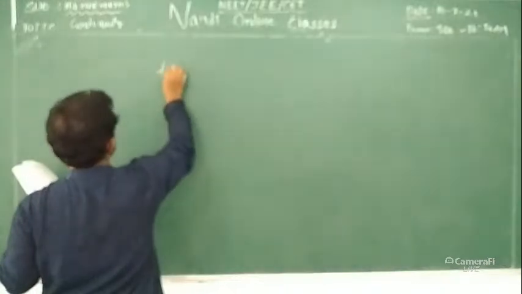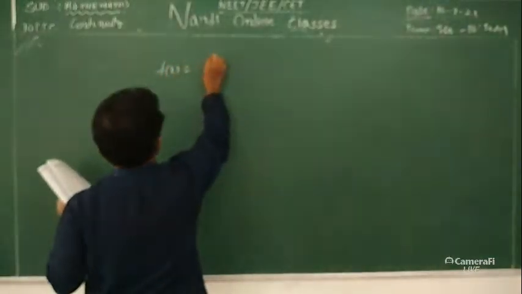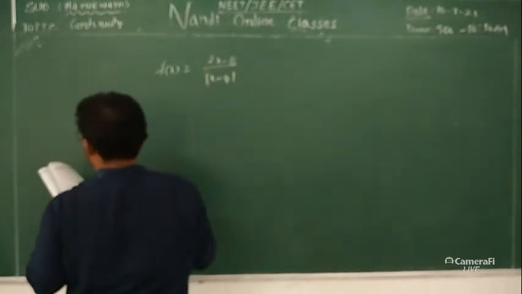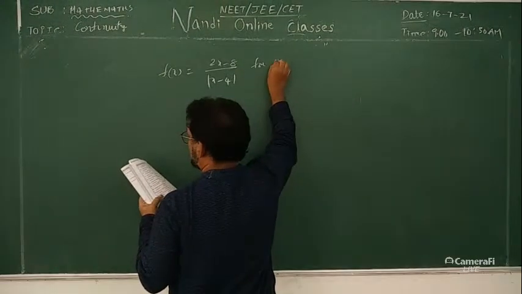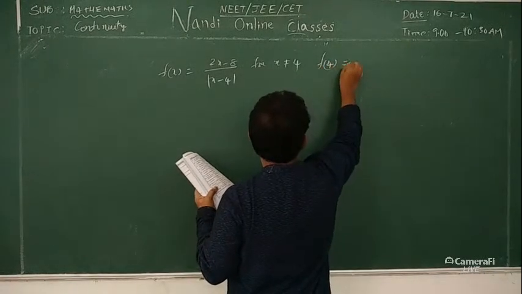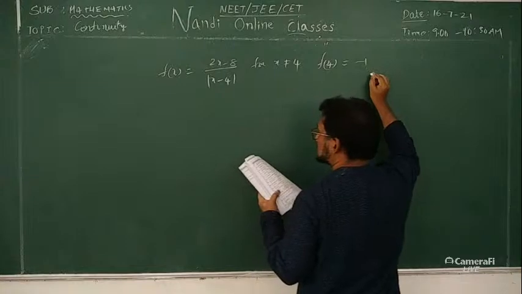Now, f of x is equal to 2x minus 8 for x not equal to 4, and f of 4 is equal to minus 1.